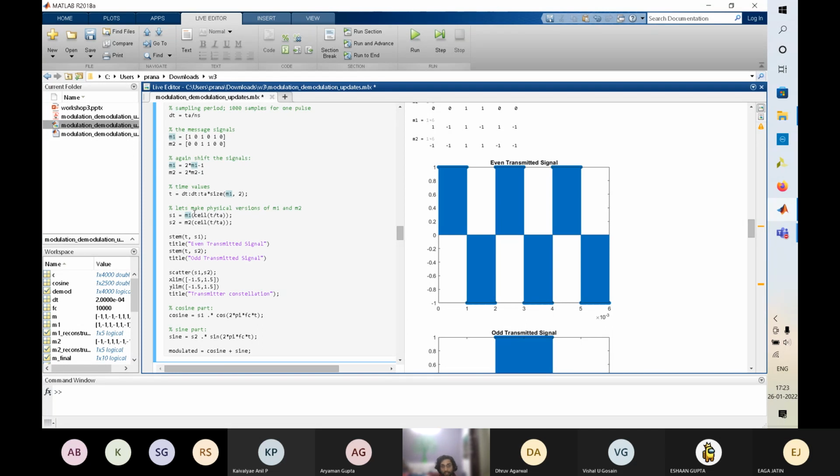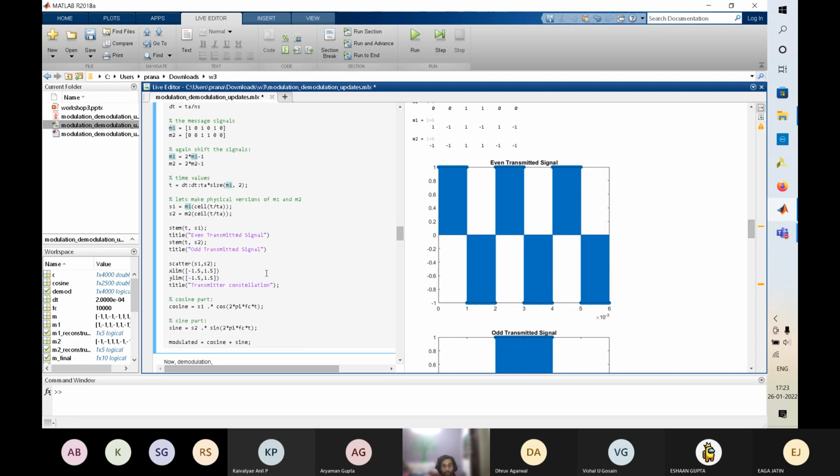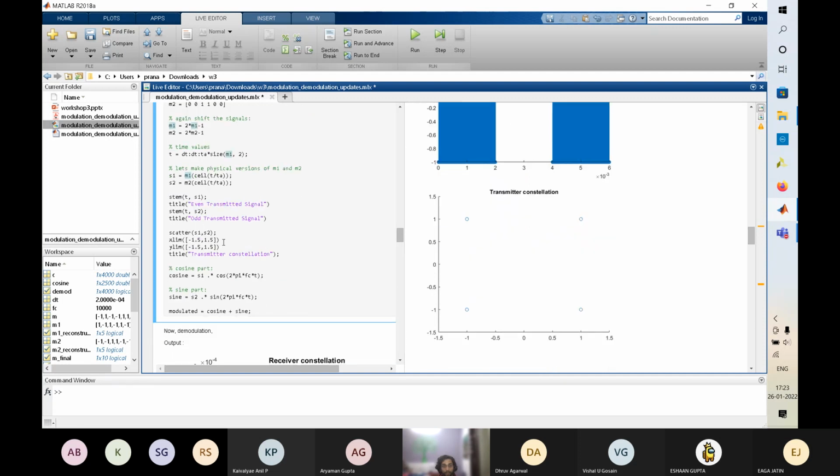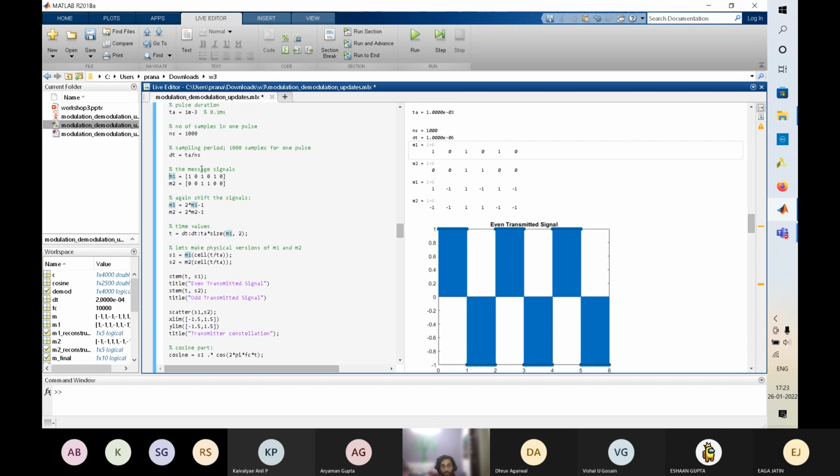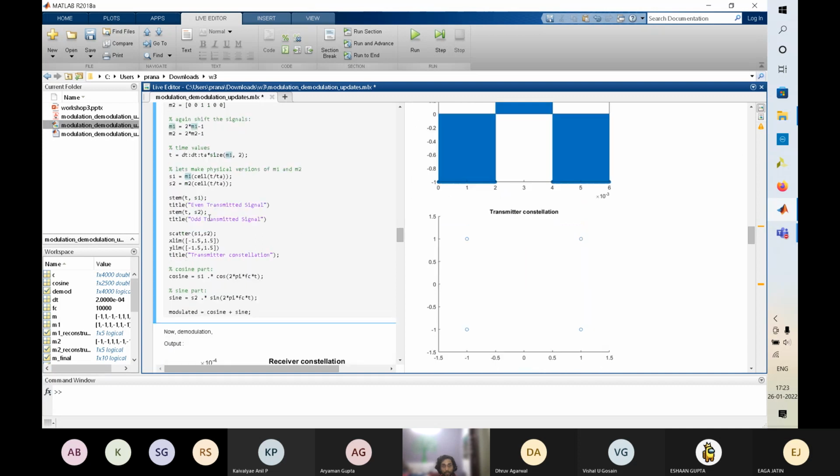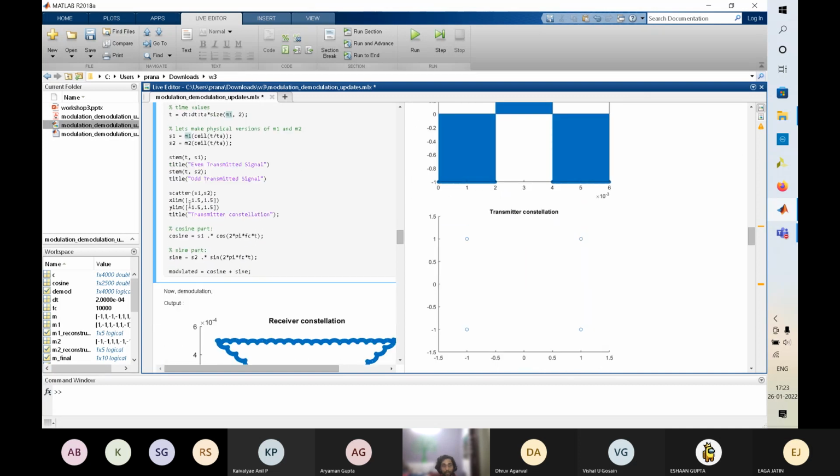Same thing, we sample it in time, but make all the 0 bits -1, and sample it in time. This is the constellation. Then multiply one signal with cos and multiply the second signal with sine. Then we add both the signals, sine and cosine.